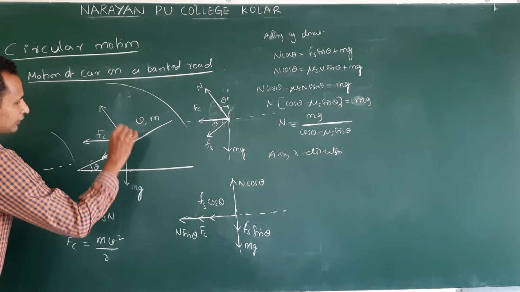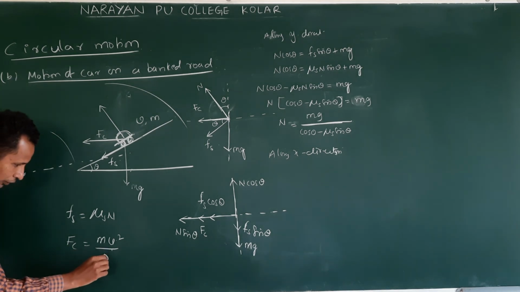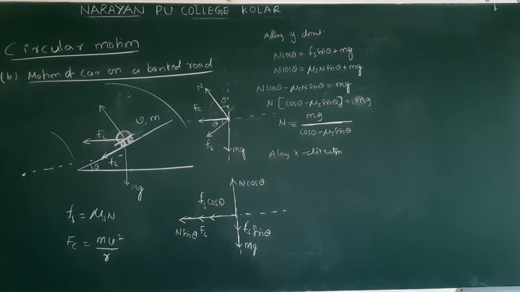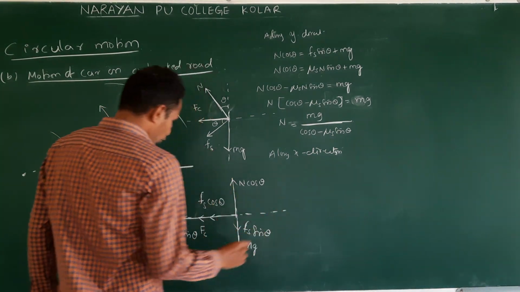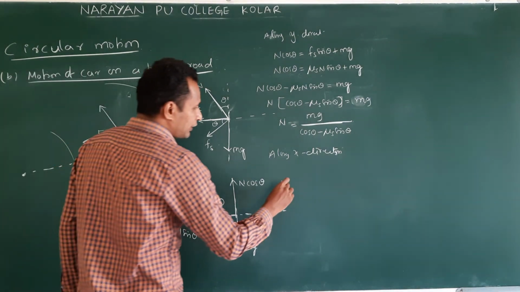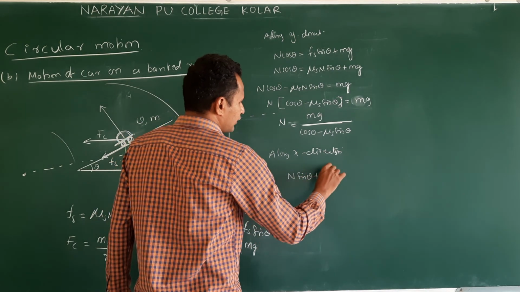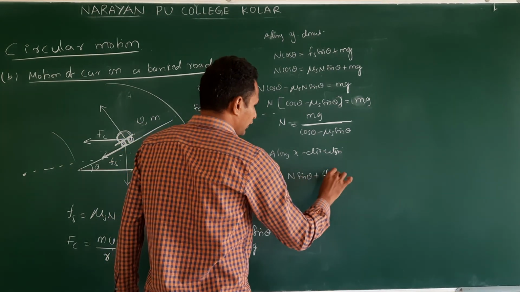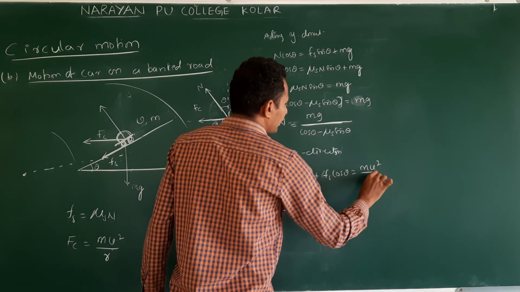From here to here, the radius, to the center of the road. So this is r. So along the x direction, who is providing this Fc? Fs cos theta and N sin theta. So I can write N sin theta plus Fs cos theta is equal to m v square by r.